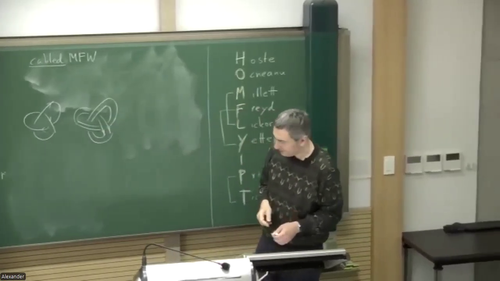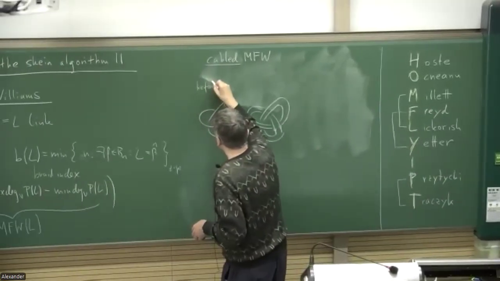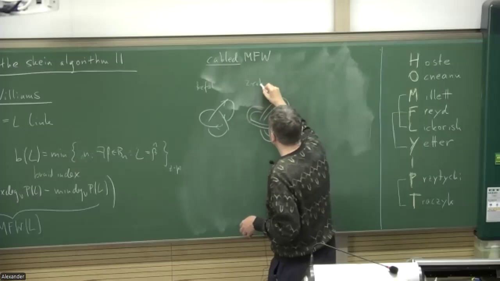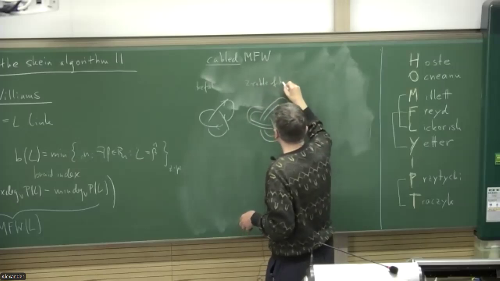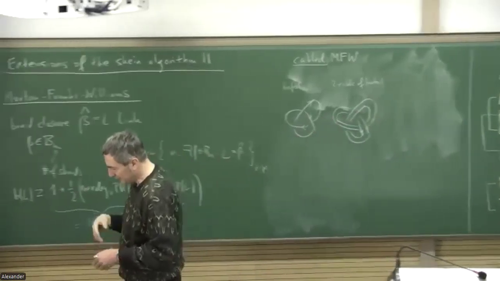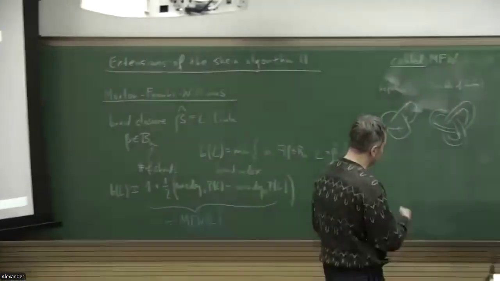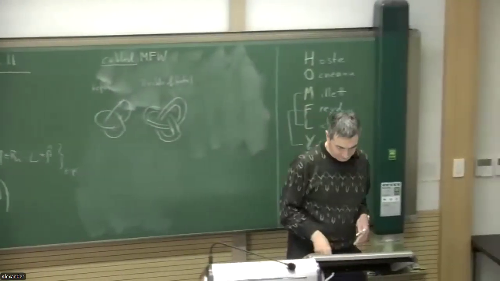So something like this. This is a trefoil, and this is a 2-cable of the trefoil. So it's like you build a link or a knot where you have several strands going along the original.